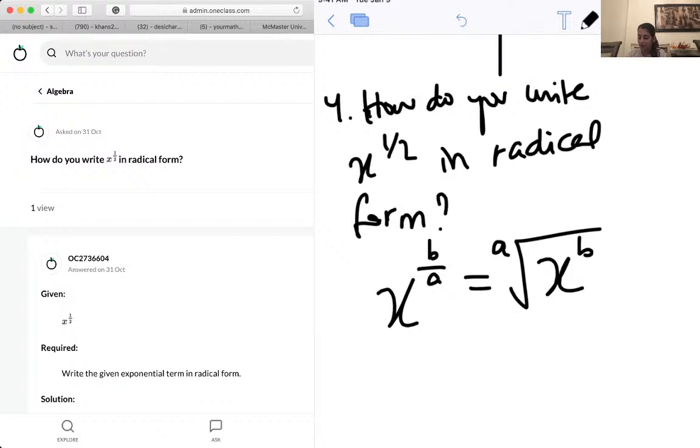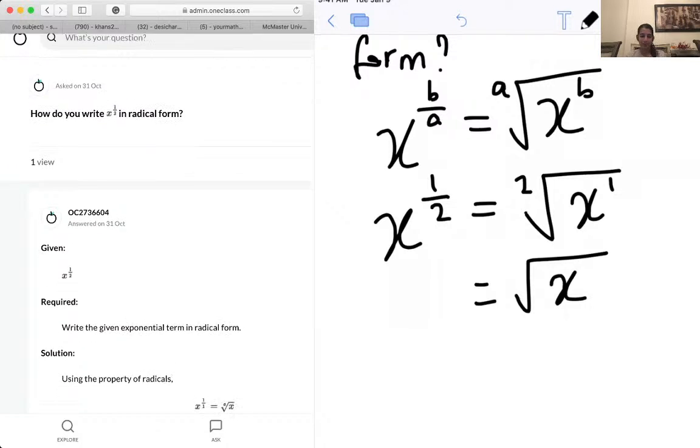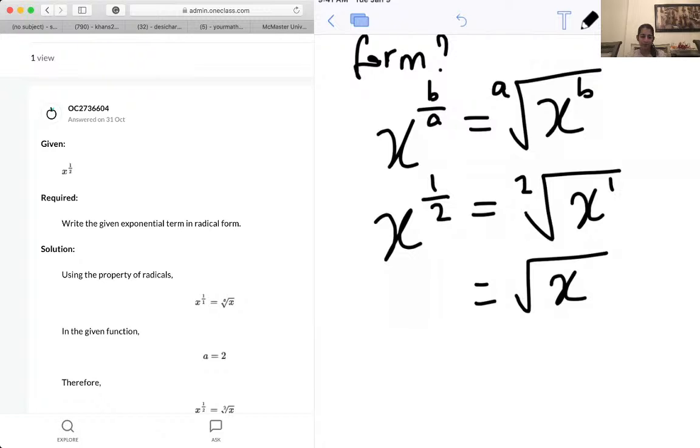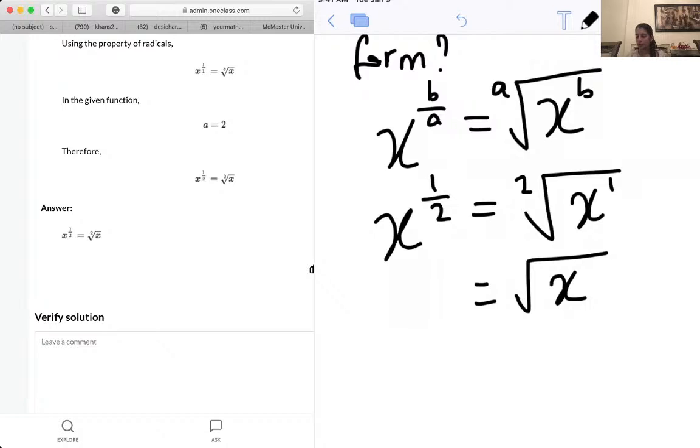So, over here we're given x to the power 1 over 2, which means x is raised to the power of 1 and is being square rooted, basically. We can simplify this by just writing square root of x, because 1 raised to the exponent is itself. So it's fine. That is our final answer.